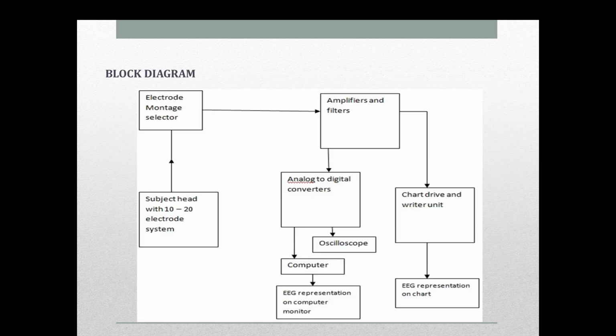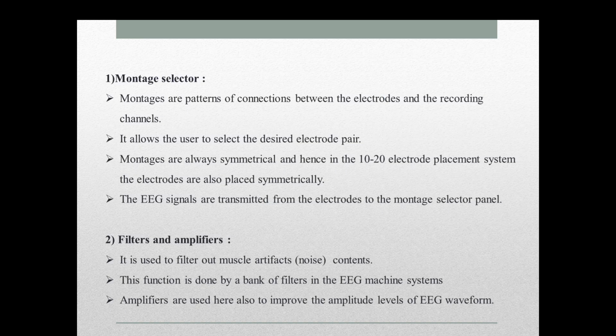And now let us see the entire block diagram of an electroencephalography, that is the working of the EEG machine. First, the subject's head with the 10 to 20 electrode system. The waves from these electrodes will be sent to the electrode montage selector. First, the montages.